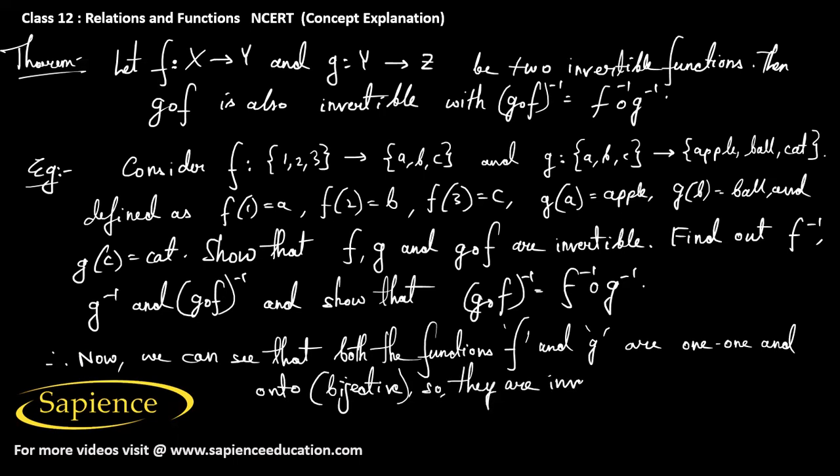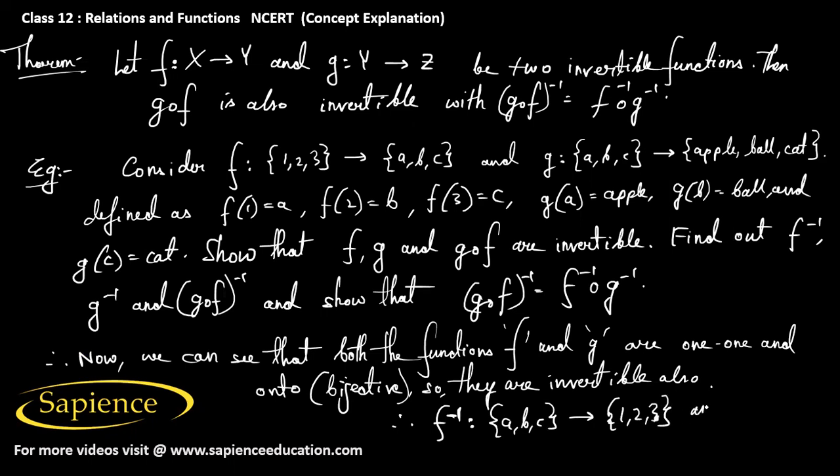So now therefore f inverse will map from the set {A, B, C} to the set {1, 2, 3}, and g inverse will also map from the set {apple, ball, cat} to the set {A, B, C}.